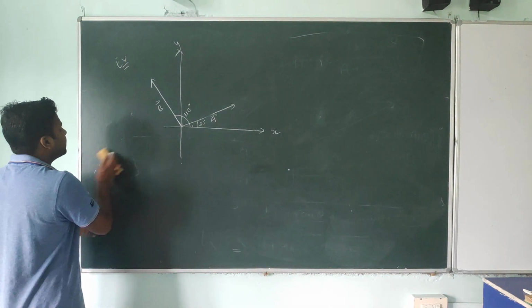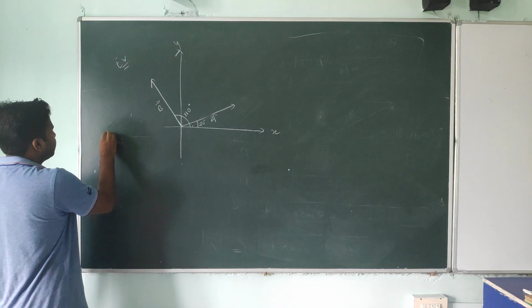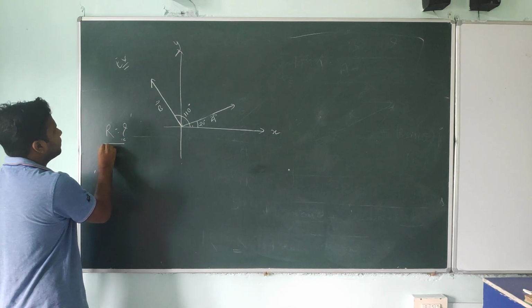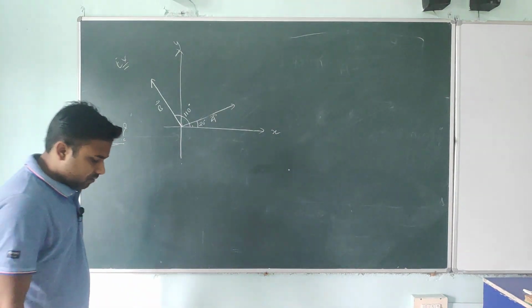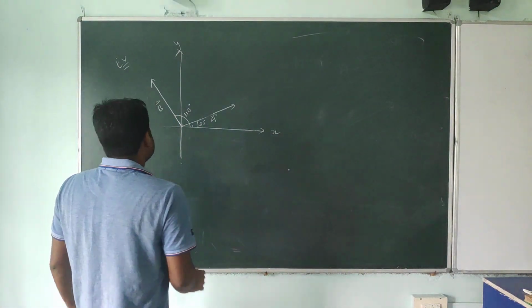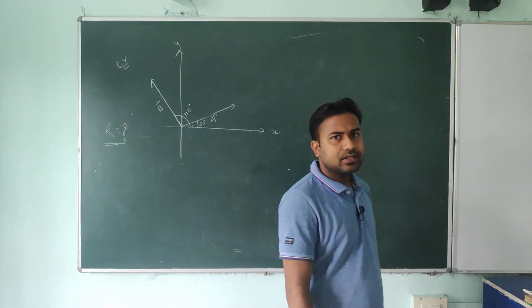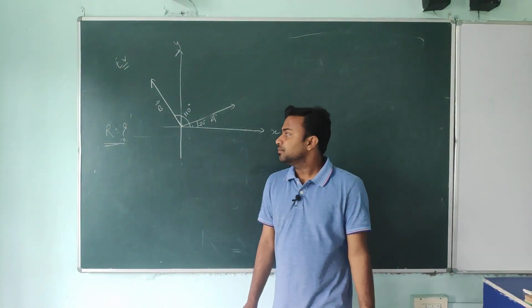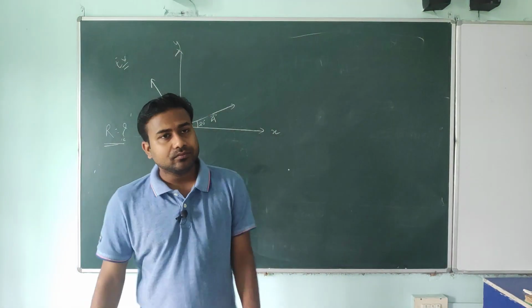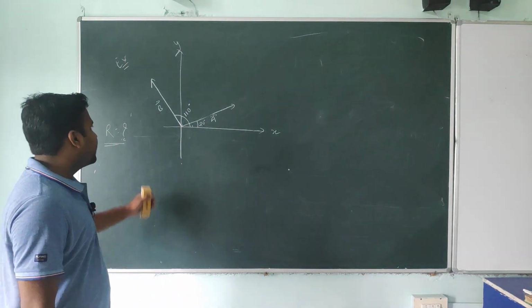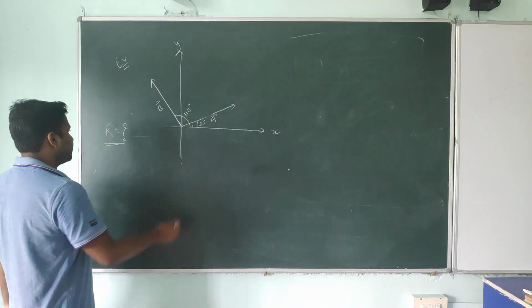So R you have to find. Now student, look at this. The first thing you have to find, as I told you in the derivation also, is the angle between the two vectors.